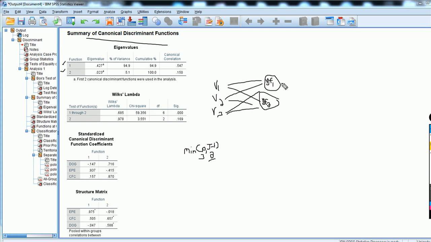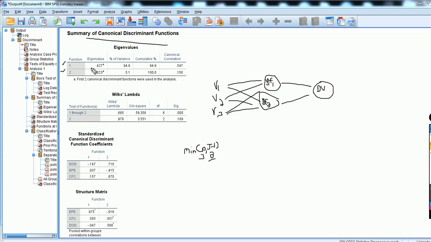Then we want to look at the relationship between our discriminant functions and our categorical grouping variable. This was our DV, if you will. We can evaluate these relationships in a couple of ways.